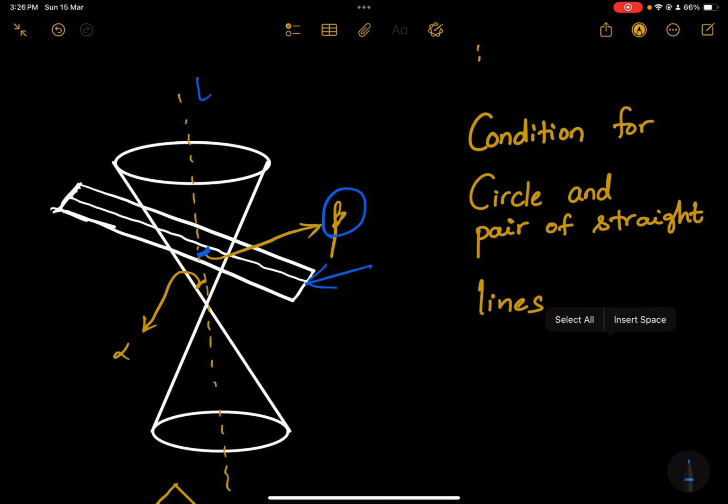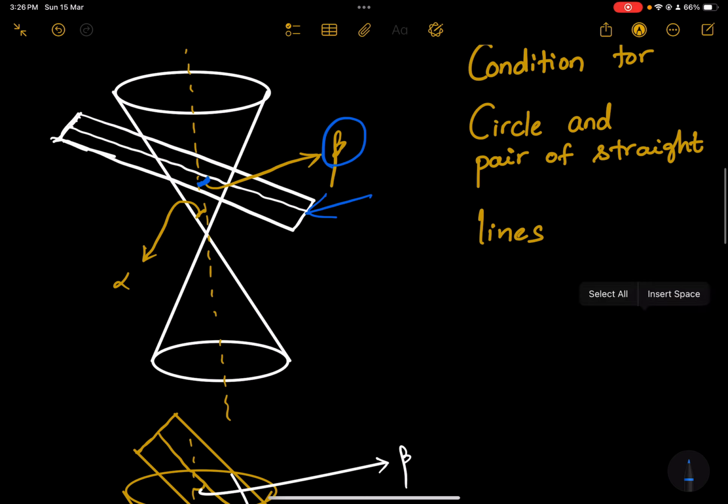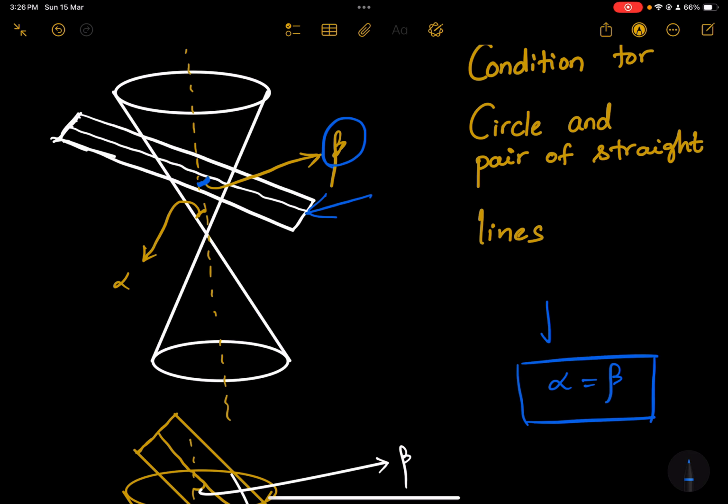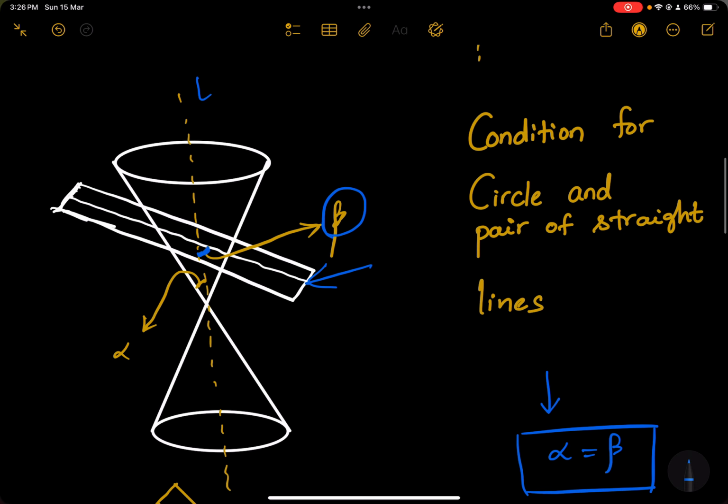All right. Now a parabola is formed when the angle alpha is equal to beta. So the angle alpha is the angle between the axis and the generator line, and the angle beta is the angle made by the plane which is cutting this double napped right circular cone with its axis.